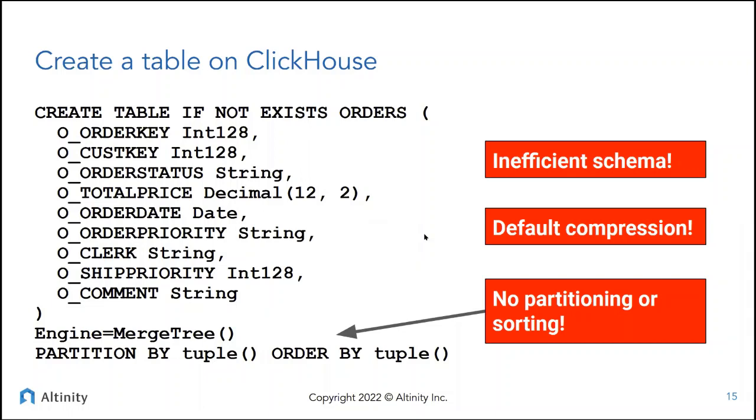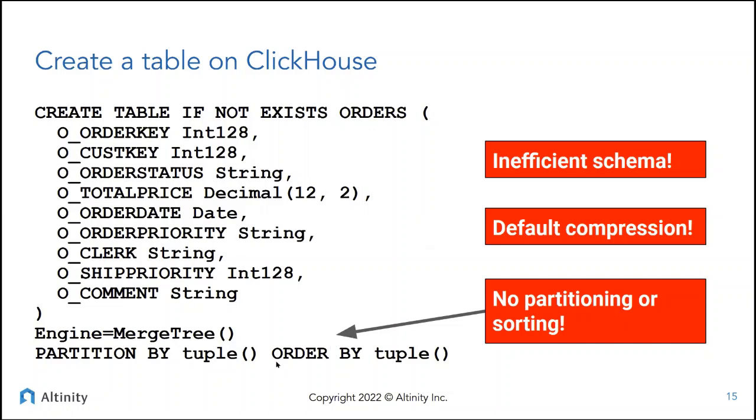We don't do anything special on compression, so we don't take advantage of ZSTD, for example, if it's appropriate. And most importantly, there's no partitioning or sorting. So if you've used ClickHouse, you know that one of the things that's really important with ClickHouse is to define, first of all, how tables are broken up into pieces. We call these parts. So that's your partitioning key.